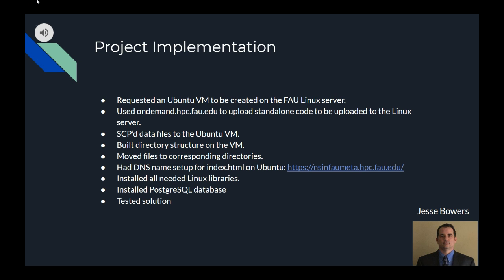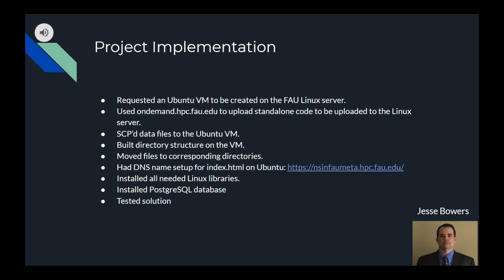How we implemented the project: we contacted OIT at FAU and requested an Ubuntu VM to be created on their Linux server. We used the Linux server front-end GUI to upload all the standalone files we had been working on.